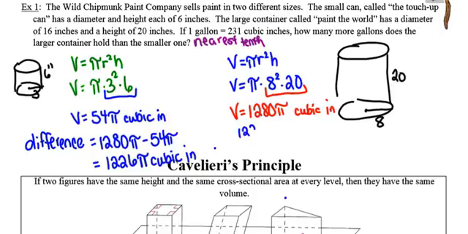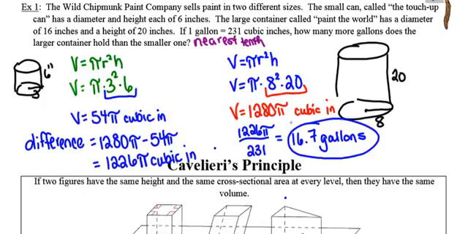So I'm going to take the 1226 pi, divide that by 231, and that'll tell me the difference in gallons. So to the nearest tenth, 16.7 gallons. By doing it the way I did it, I only needed to convert to gallons once instead of twice. But if you had done it that first way and found the number of gallons in the small can and the number of gallons in the large can and then subtracted, you would have ended up with exactly the same answer.